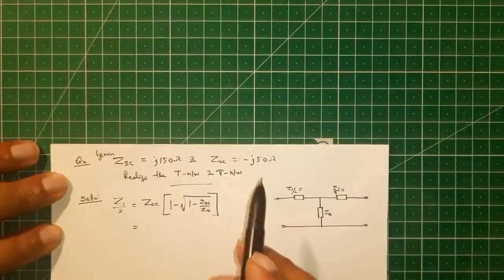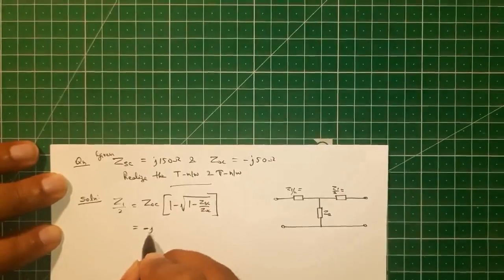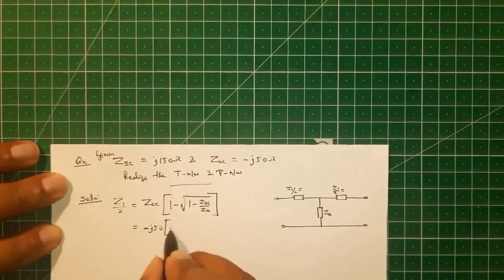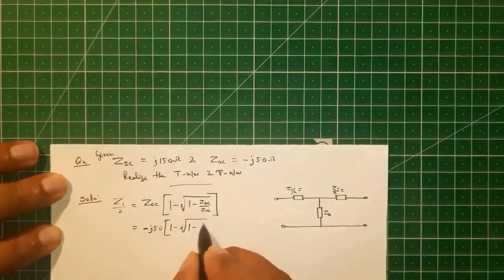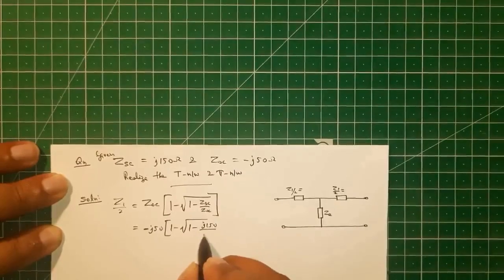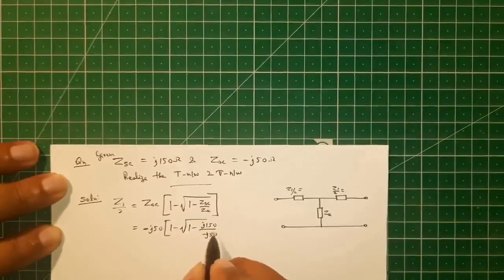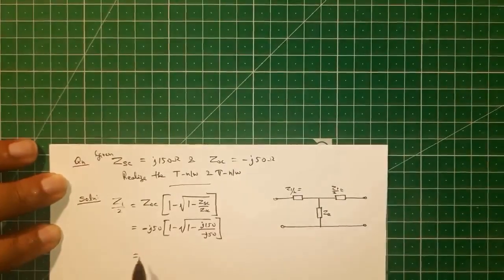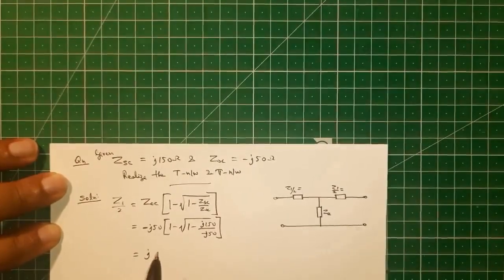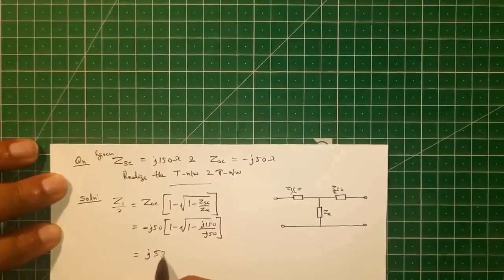On substituting these values, we have minus j50 into 1 minus square root of 1 minus j150 divided by minus j50. On simplification you will get j50 ohm.